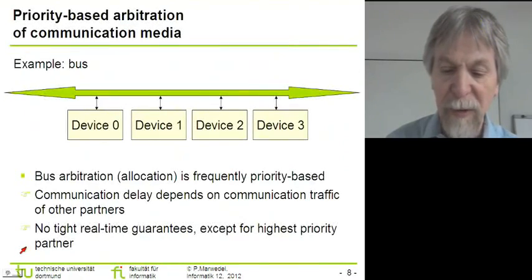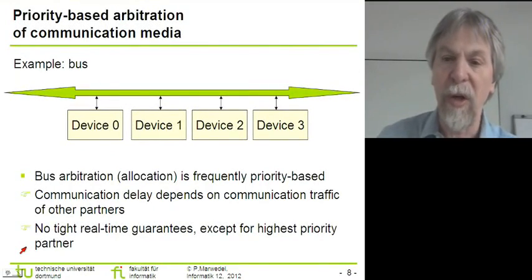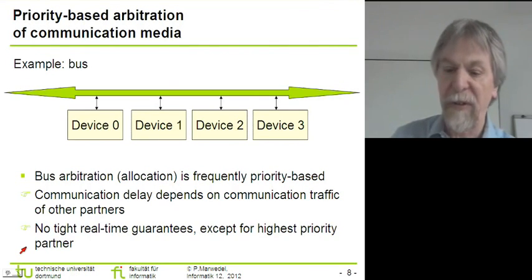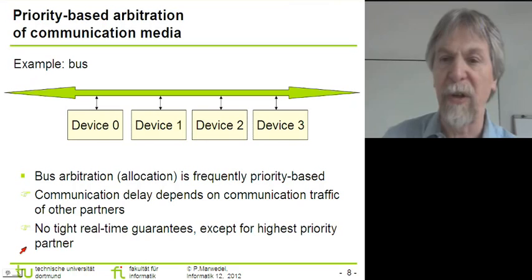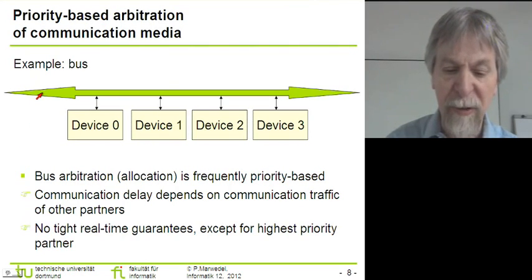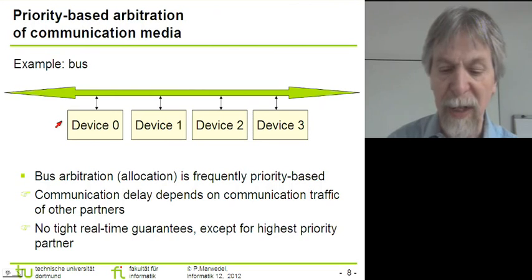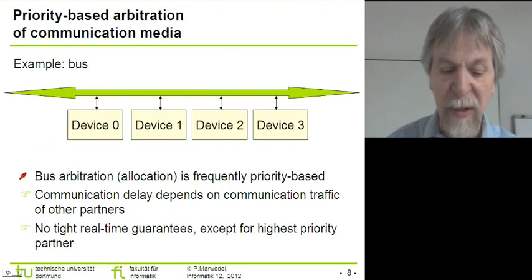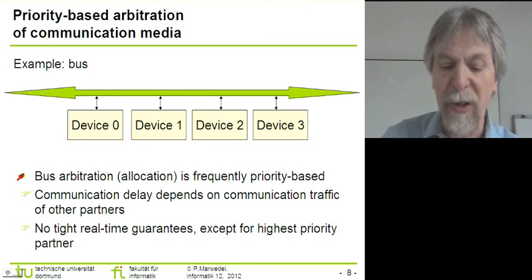With respect to buses, I would like to present one technique that is used in many buses that are designed for real-time environments. In a standard bus system, we could have a number of devices that are connected to a bus, and then the standard bus system could be priority-based.